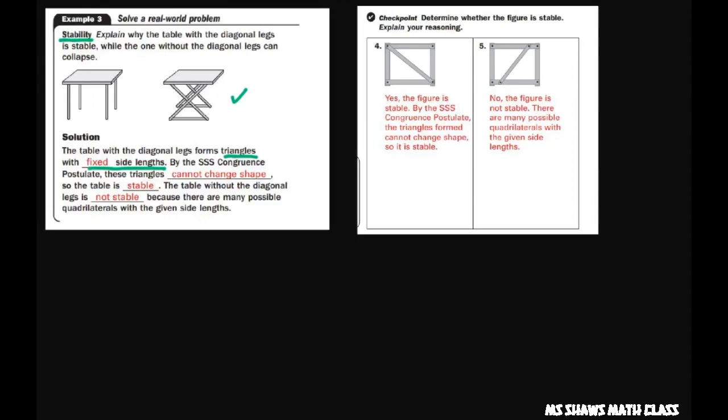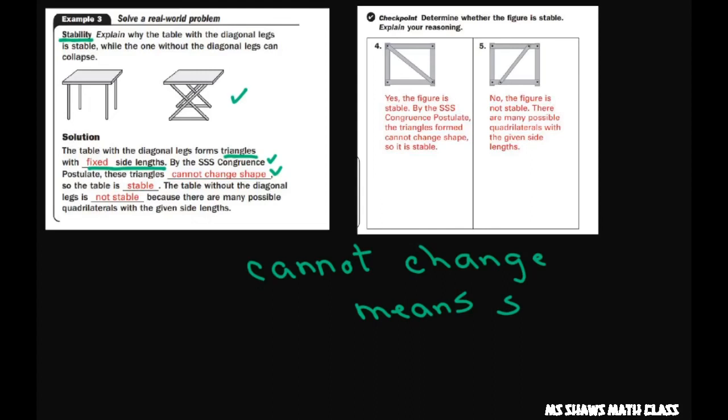So by the side-side-side congruence postulate, these triangles cannot change. That means the table is congruent. So cannot change means stable. So just make sure you get this. Cannot change shape, so the table is stable.